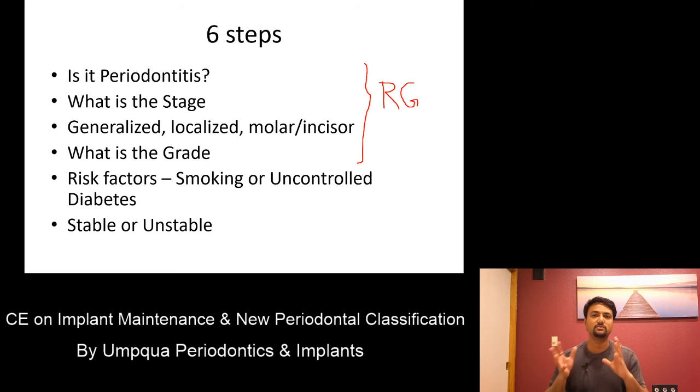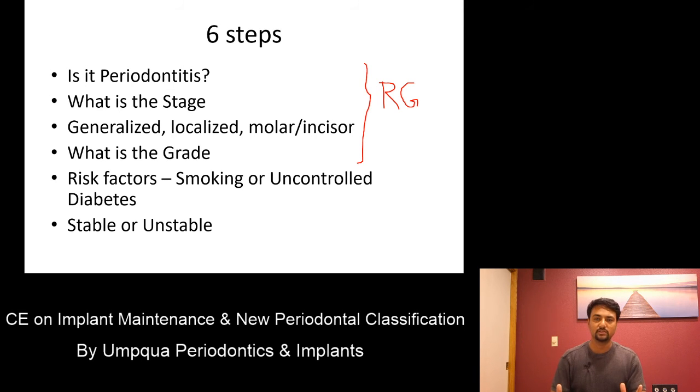So you need to first define, is this a periodontal patient? The next step is, what stage is it? And I'm going to walk you through all that. Is it generalized? What is the extent of this disease? Generalized, localized, or molar incisor relationship? What is the grade of this patient? All these 4 steps can be done just by looking at the radiographs.